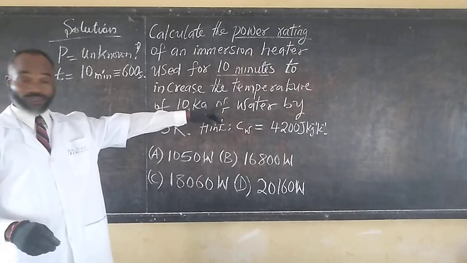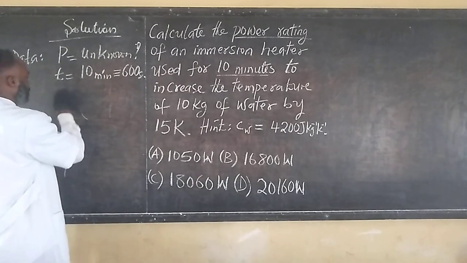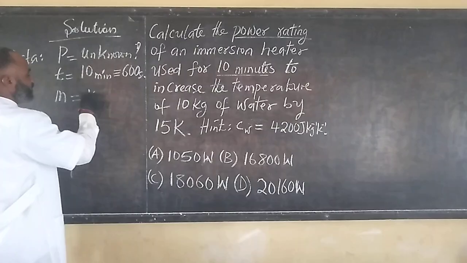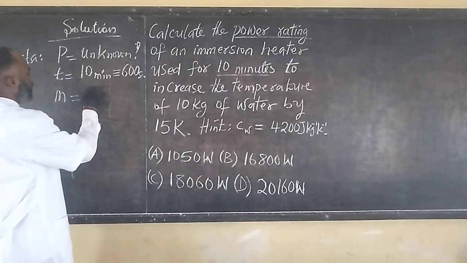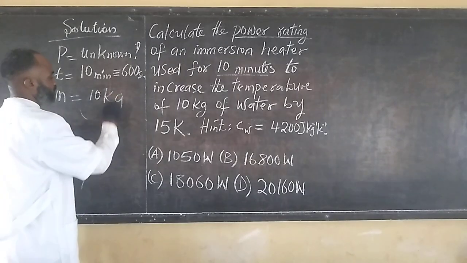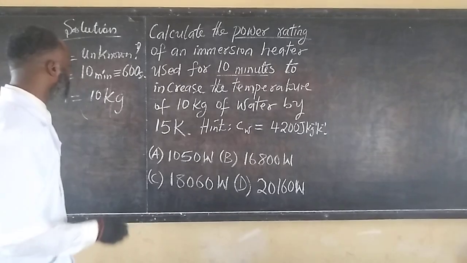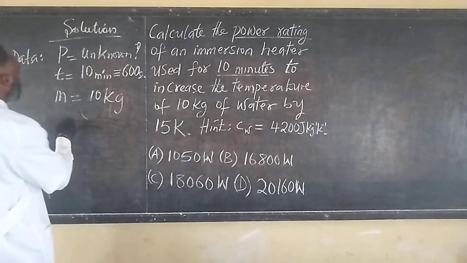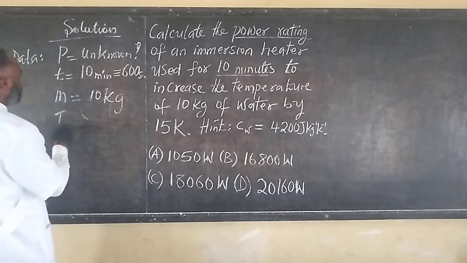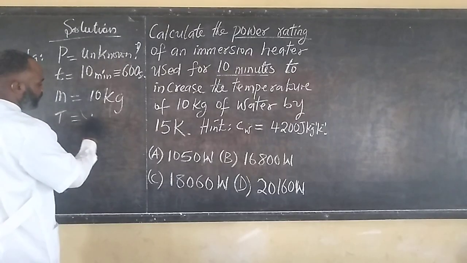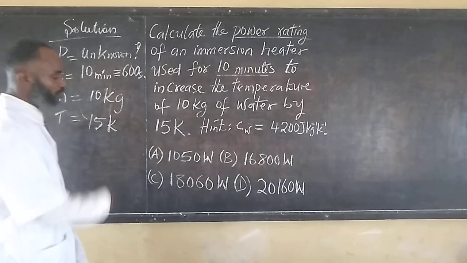To increase the temperature of 10 kilograms of water, mass is 10 kg. Then temperature, capital T here because we use small t for time. Temperature is 15 Kelvin. Good.